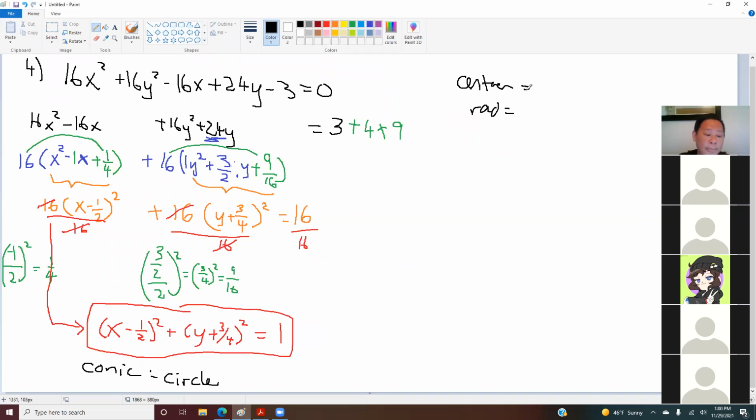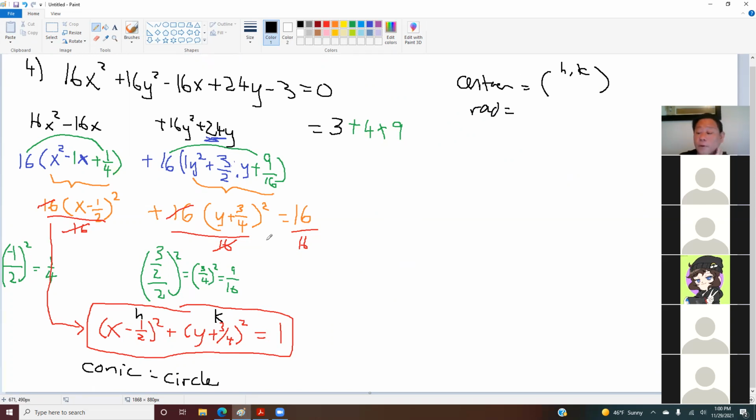What is the center of this circle? The center is h, k here. Negative 1/2 or positive 1/2 for your h?